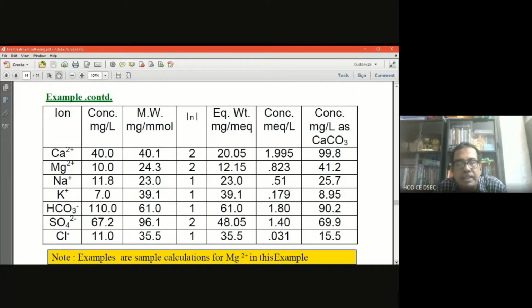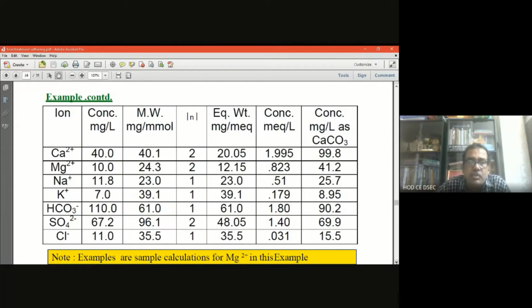But if we convert it to concentration in milligram per liter as CaCO3, then what do I have to do? You have to multiply by the equivalent weight of calcium carbonate, that I am showing you later on.